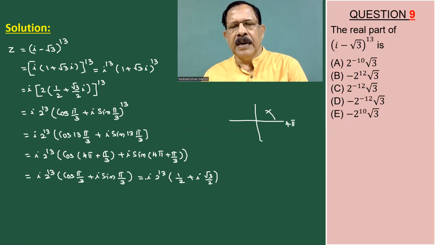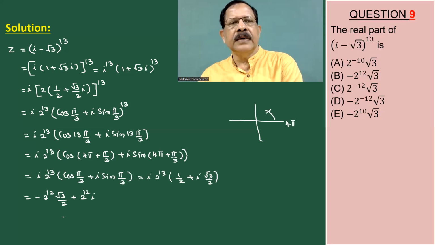Now you multiply by the factor outside. So it will be minus 2 raised to 12 root 3 by 2 plus 2 raised to 12 i. You are being asked to find the real part of it.